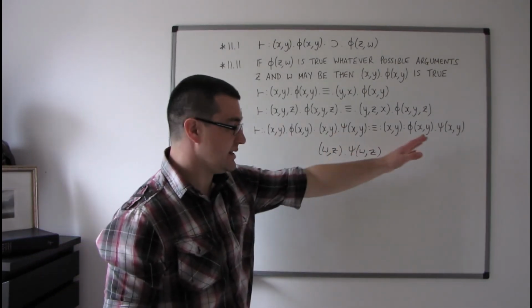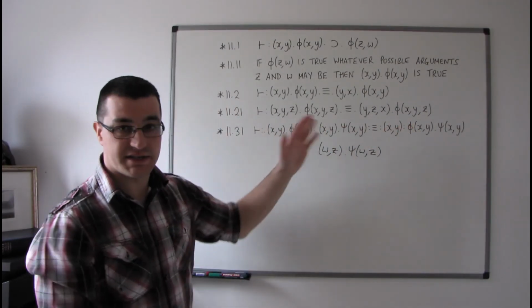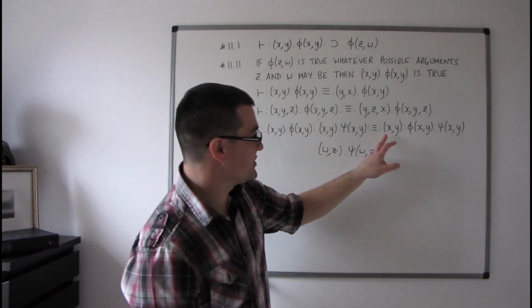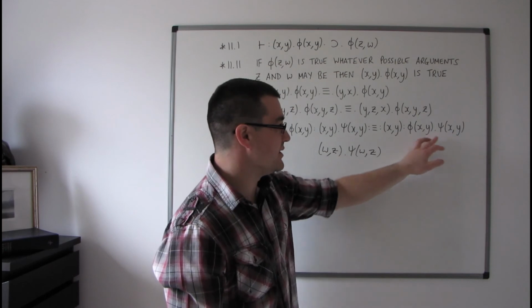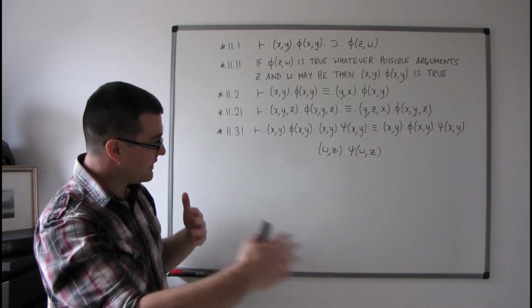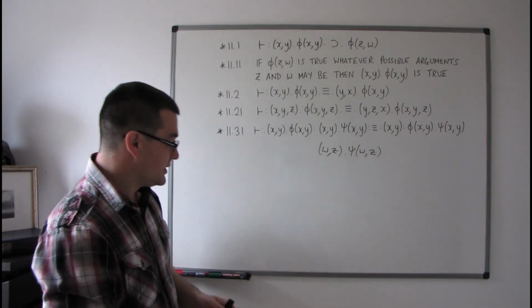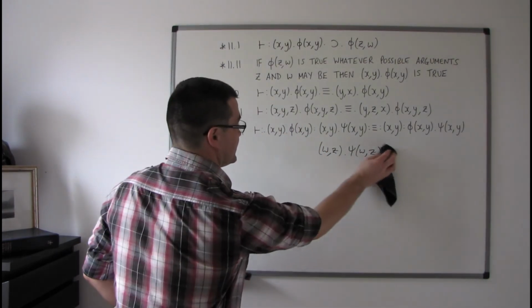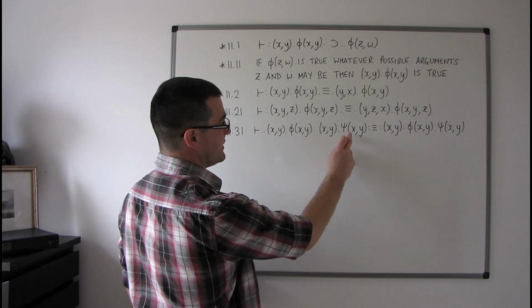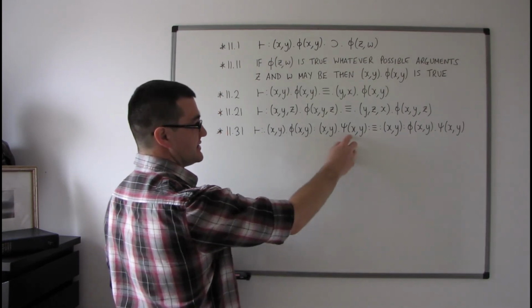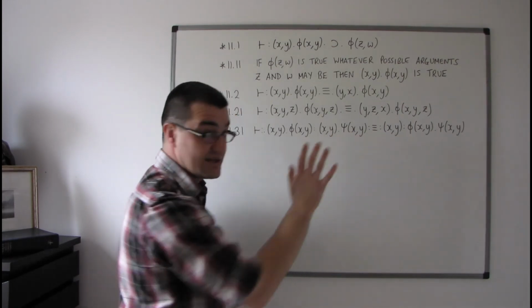It would be exactly the same proposition, and I could change this to an A and a B, as long as I change both of these to A and B respectively as well. I get exactly the same proposition. So there's no suggestion here that even though I'm using x and y here and x and y here, this x is the same as this x and this y is the same as this y.